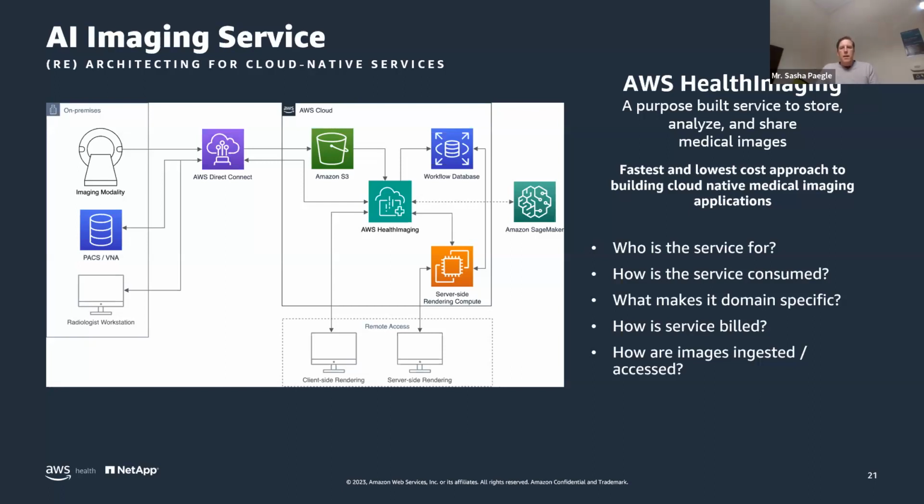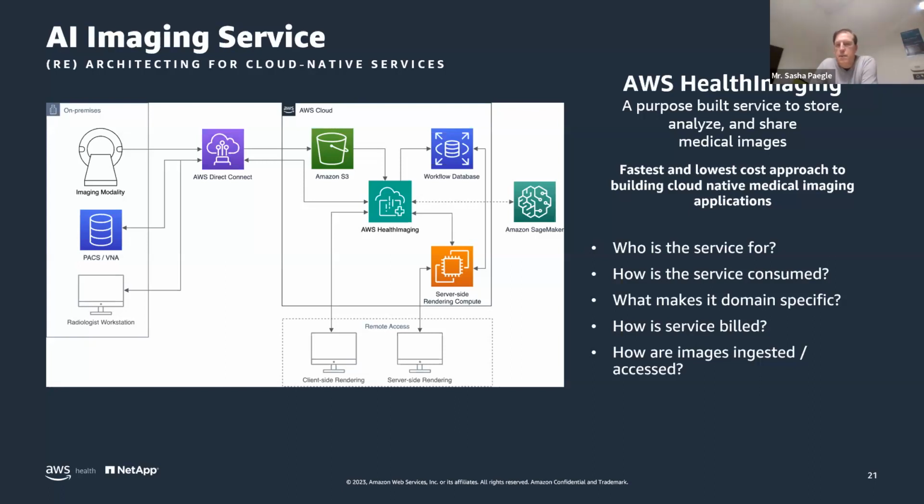Probably the one area to dive into is understanding how some of these purpose-built services are priced. And again, they may even have concepts coming back to object storage and file storage.